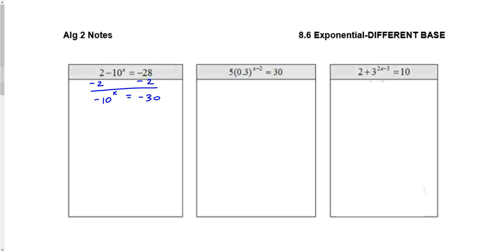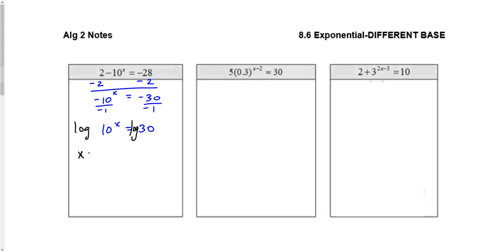Also, I don't want to have that negative there, so I'm just going to also divide this by negative 1. So I have 10 to the x equals 30, and now I can do what I did on the other page. Again, I can't turn a 30 into a 10, so I have to take the log of both sides. So I can do log base 10, log of 30, bring the x out to the front.